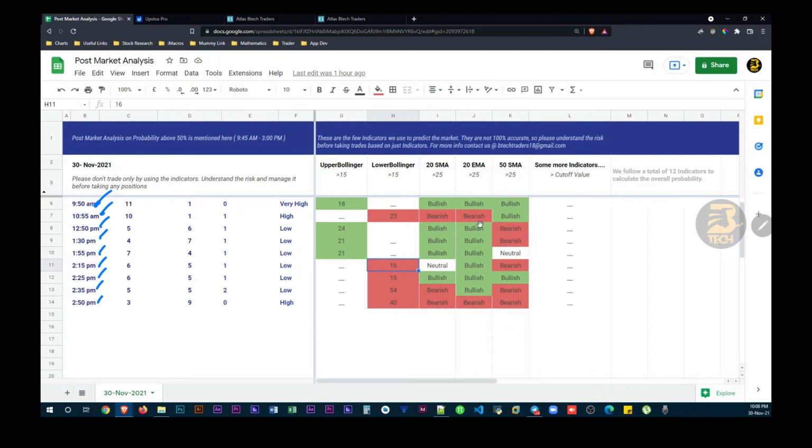When you purchase the premium subscription in Chartink, you can get this information in real time, so it won't be a post-market analysis. You can analyze these things in real time and trade based on these indicators. So let's check how we got these 9 entries. Let's go to Chartink.